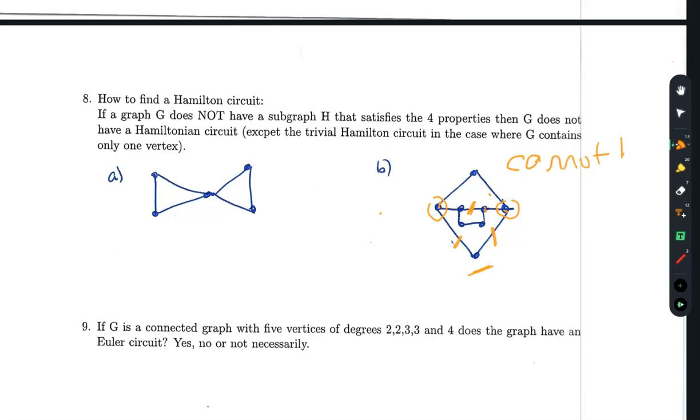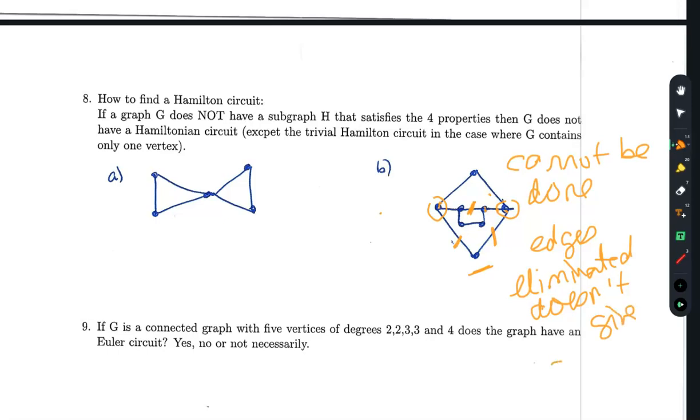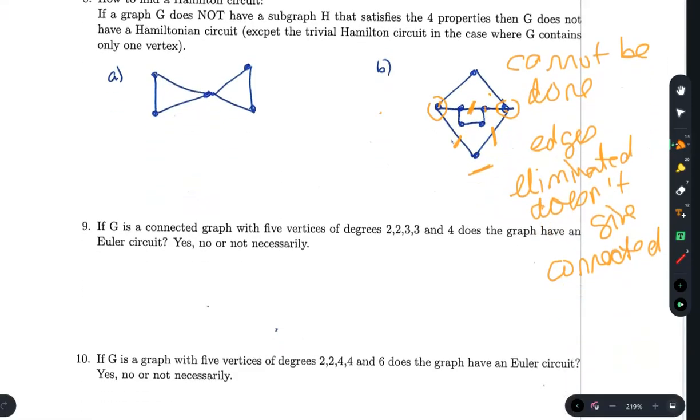You can't find exactly what it is, but it cannot be done because the edges eliminated, the roads that we don't want to do, don't give a connected graph. And remember, we're trying to make a circuit, where he starts at one end and then finishes up, with every city of degree 2.